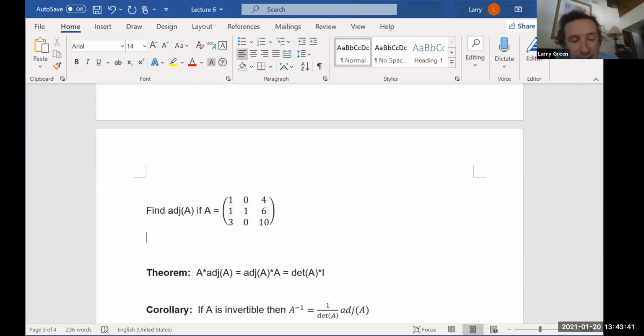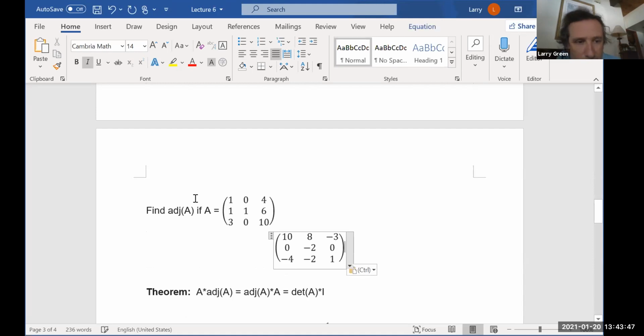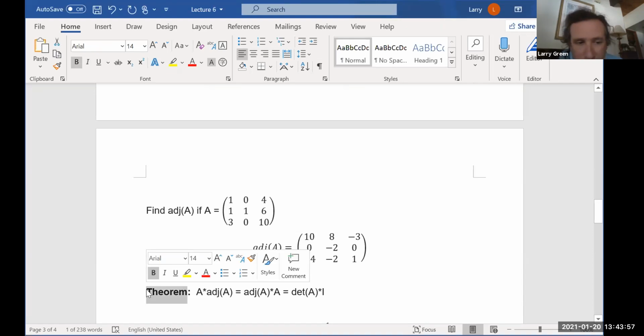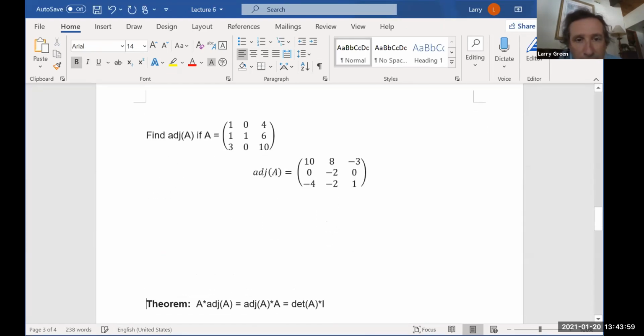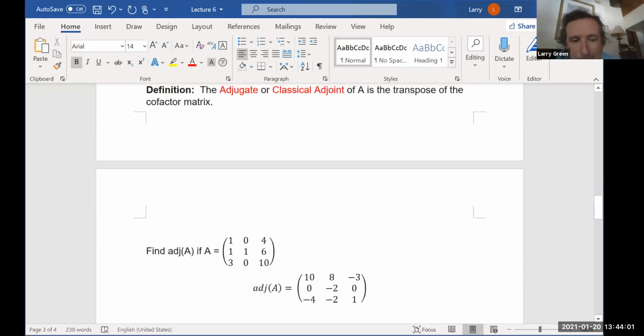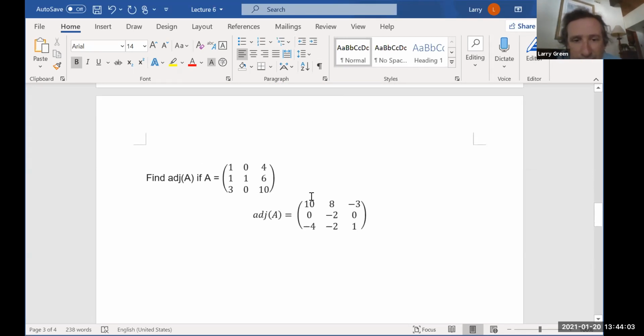Then we can say the adjoint of A is equal to the transpose of this matrix.